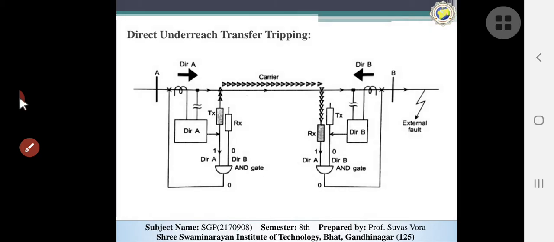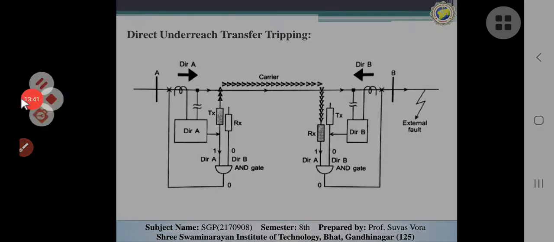So this is simple for the direct underreach transfer tripping scheme.